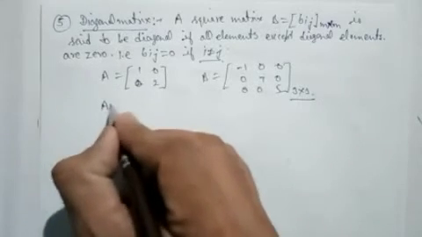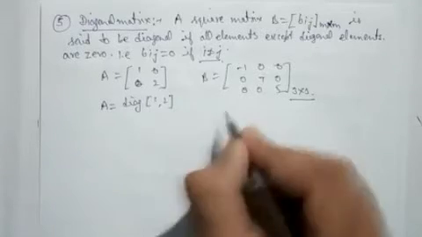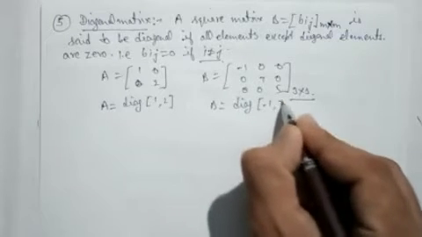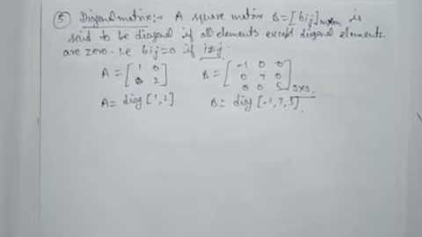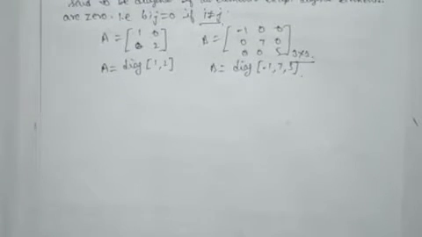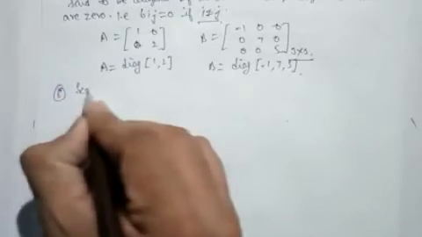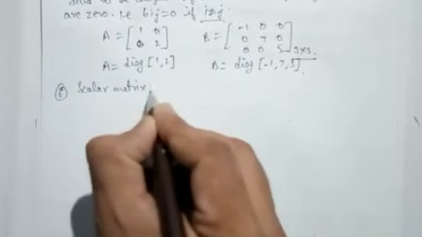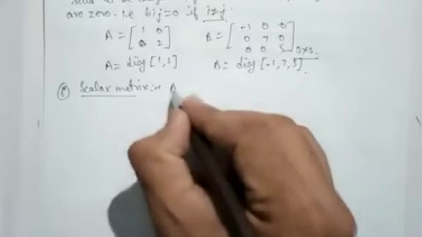We can also write A matrix as diagonal of 1, 2, and B matrix as diagonal of -1, 7, 5, which indicates it has only diagonal elements. Next, the scalar matrix, sixth one. It is also a part of the diagonal matrix. A diagonal matrix is said to be scalar.